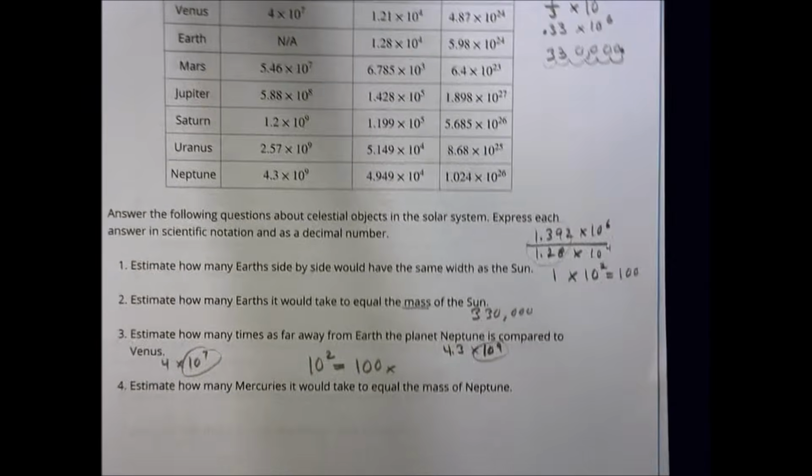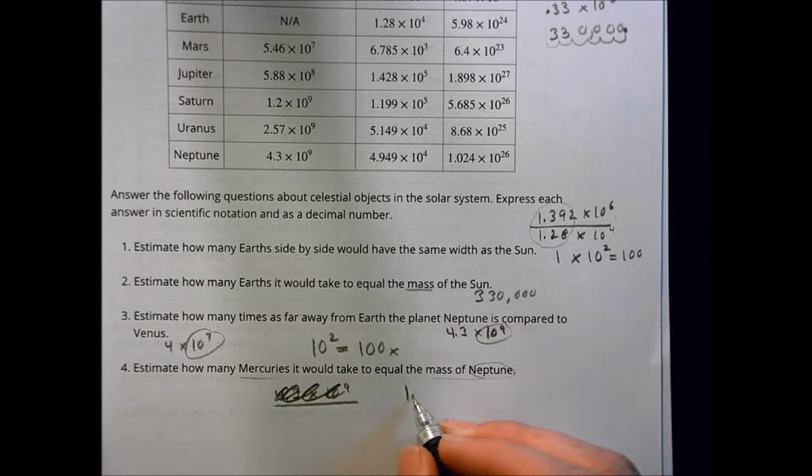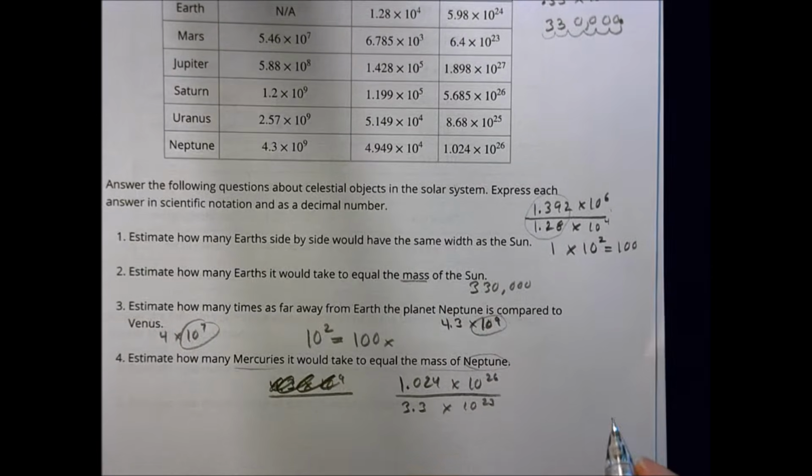And finally, how many Mercuries would it take to equal the mass of Neptune? Neptune is sitting at 4.3 times 10 to the 9th, and Mercury, oops, sorry, that's the distance, sorry about that. So Neptune's mass is 1.024 times 10 to the 26, and Mercury's mass is 3.3 times 10 to the 23rd. And so again, what do I have?